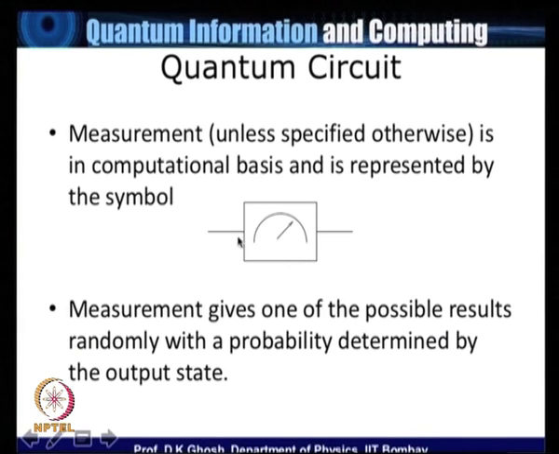Notice that even if we are measuring an output which is a linear combination, when I make a measurement, the measurement comes up with a certain probability. So this gives you one of the possible results of the outputs. Now we will see that this has a lot of importance.